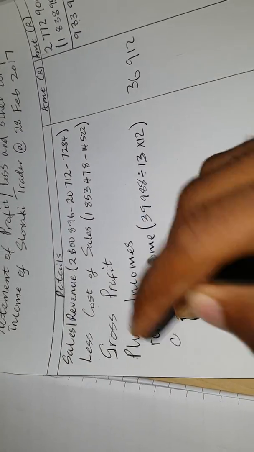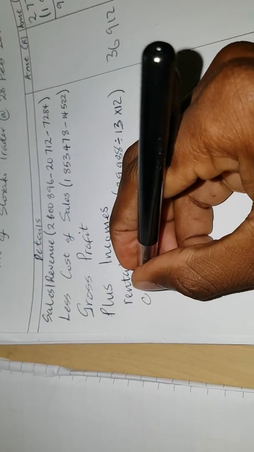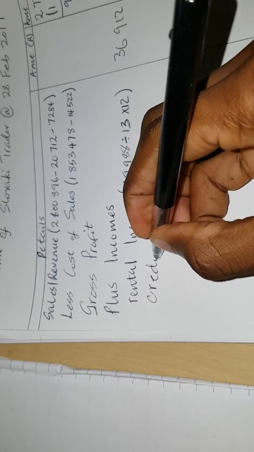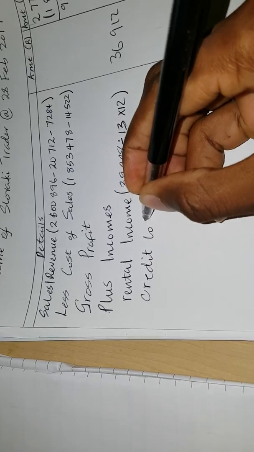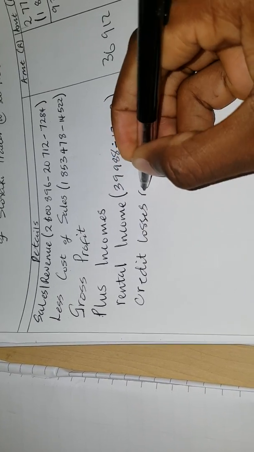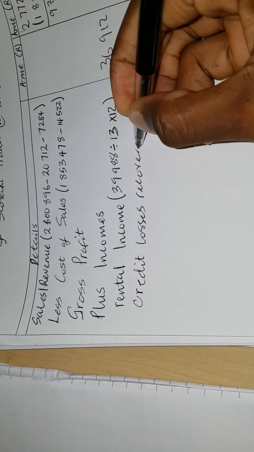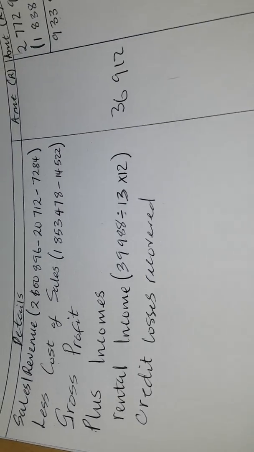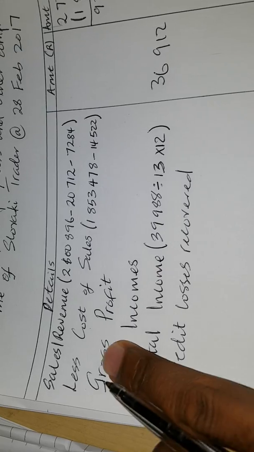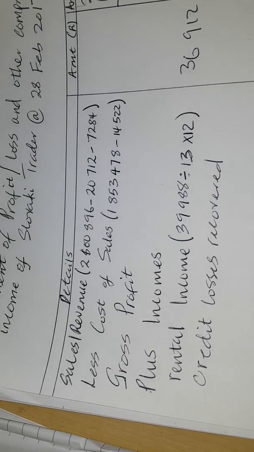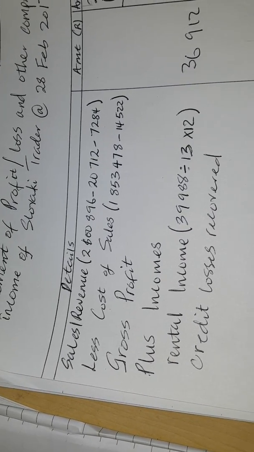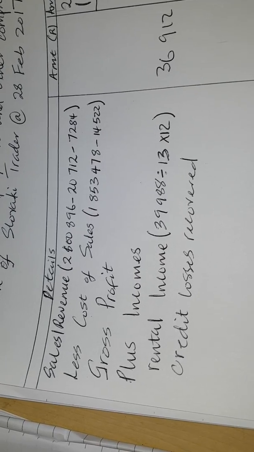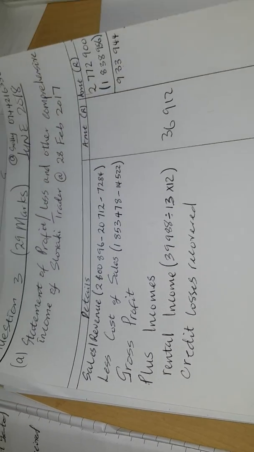We have a credit loss recovered, credit losses recovered. So to get more examples of incomes, please visit page 52 on the study guide of FAC 1501.